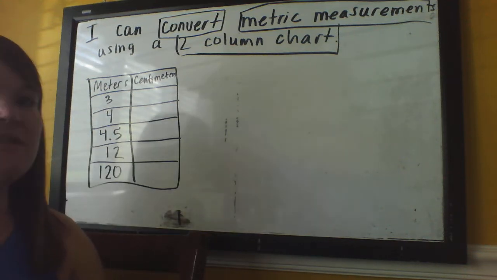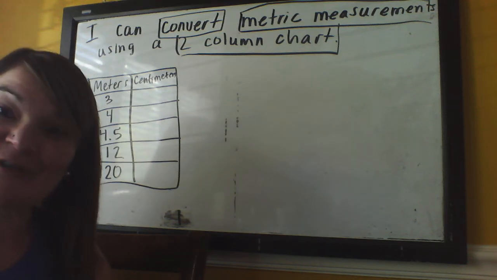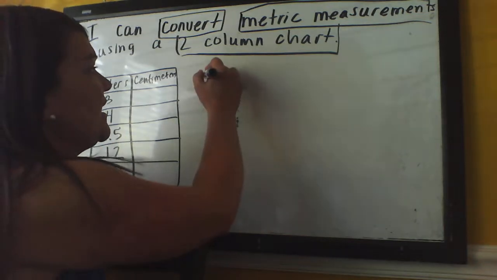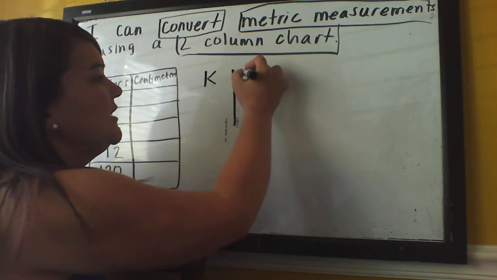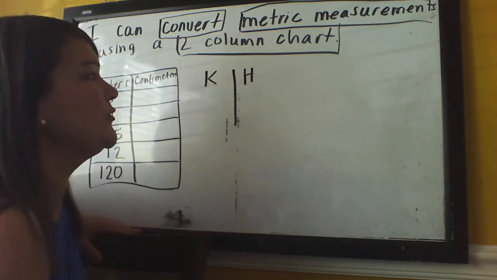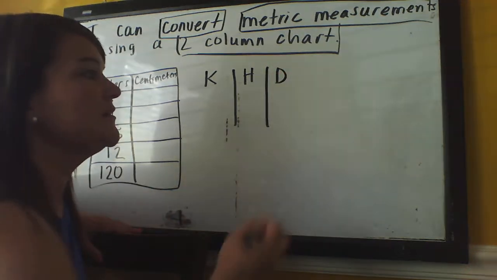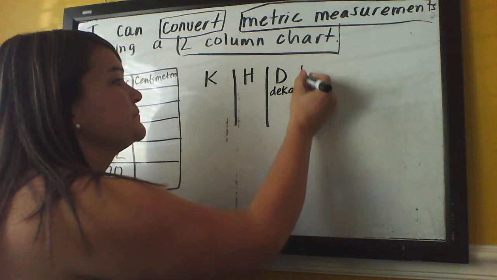If you remember from yesterday, our little sentence to help us remember the order was King Henry dies by drinking chocolate milk. Even though that's pretty silly, it helps us remember it because King, the K, stands for kilo. King Henry, H for hecto. Dies, D for deca, and remember there's 2 for D, so I'm going to write deca.